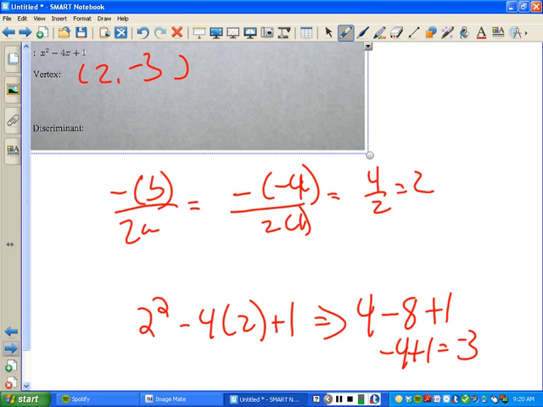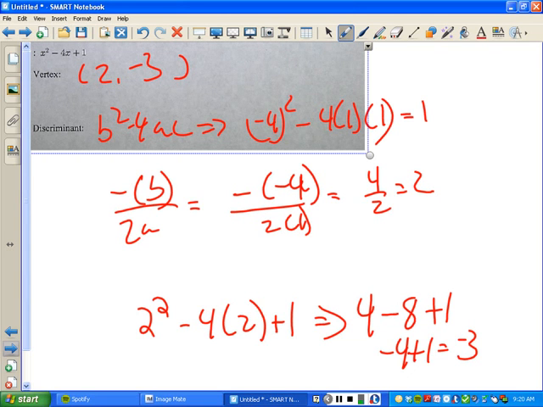Okay. What is the discriminant? The discriminant is b squared minus 4ac. So in our case, it is negative 4 squared minus 4 times a times c. So the discriminant is 16 minus 4, which is 12.